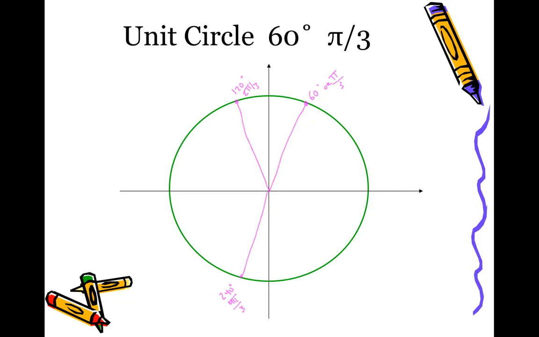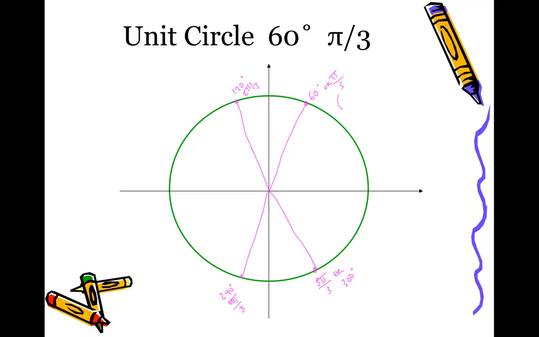This is kind of like 3 pi over 3. It is 3 pi over 3. And then this right here is going to be 1/3 of the way until you get there, right? So this would be 6 pi over 3, so this will be 5 pi over 3, or 300 degrees.